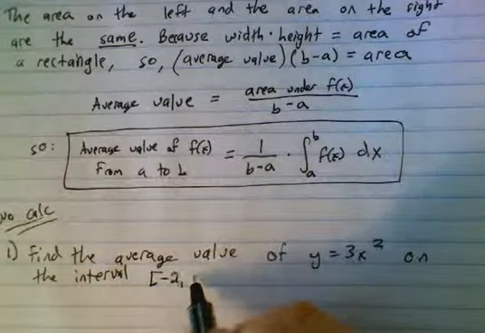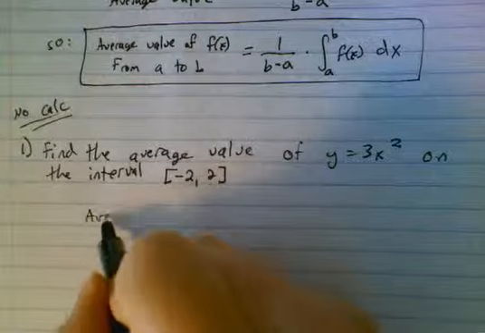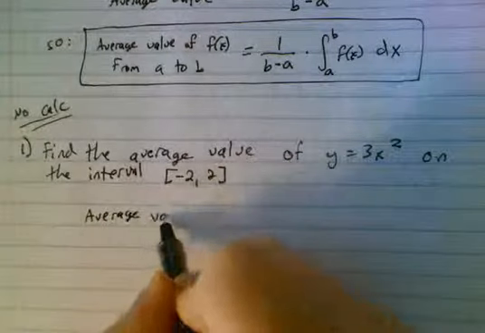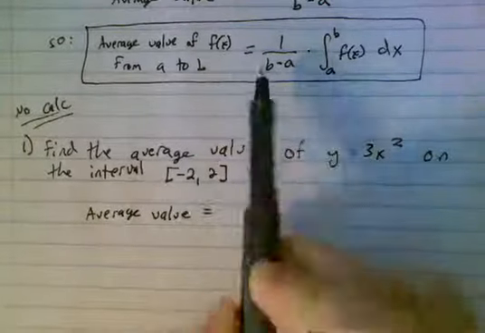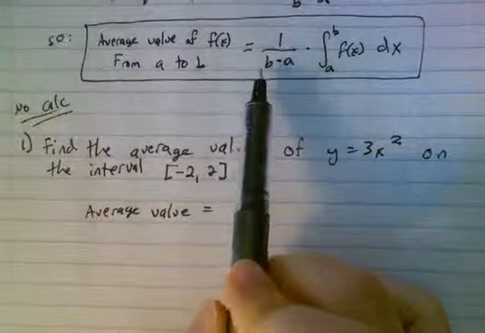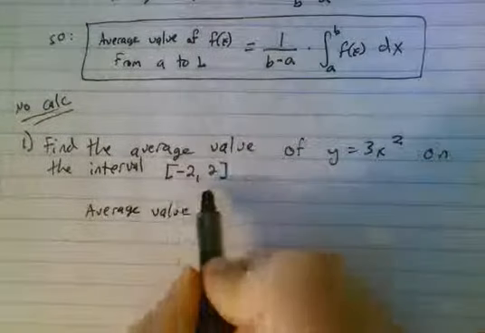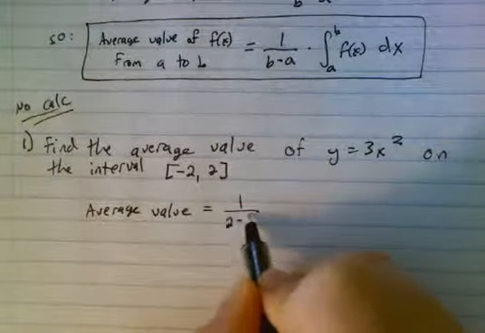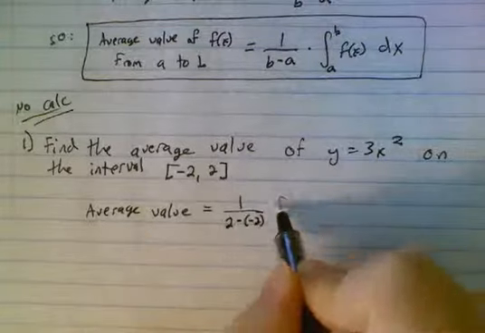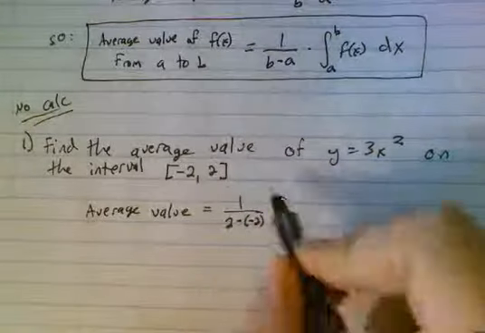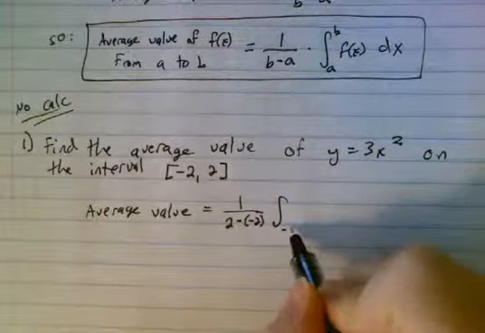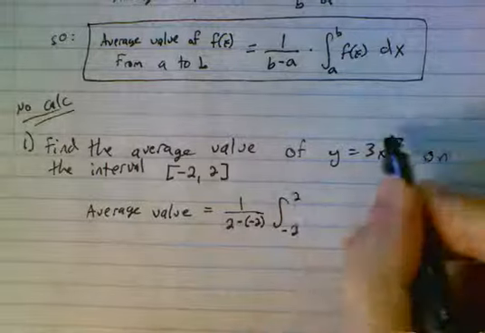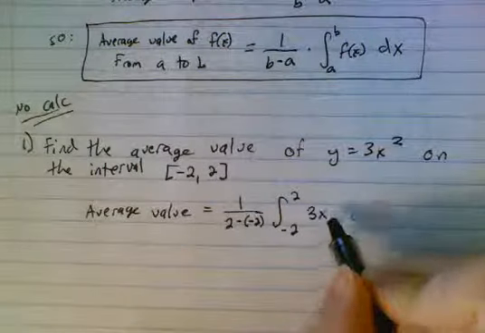So we know that the average value is going to be 1 over the distance from -2 to 2, so we just find that by doing 2 minus -2. And then the area under the curve, we're going from -2 to 2, and then this is our function right here, 3x squared.